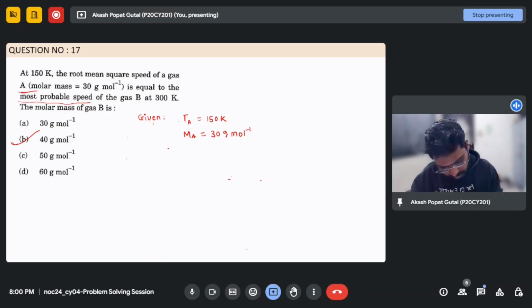T_A is 150 Kelvin and T_B is given as 300 Kelvin, and we need to find out M_B.